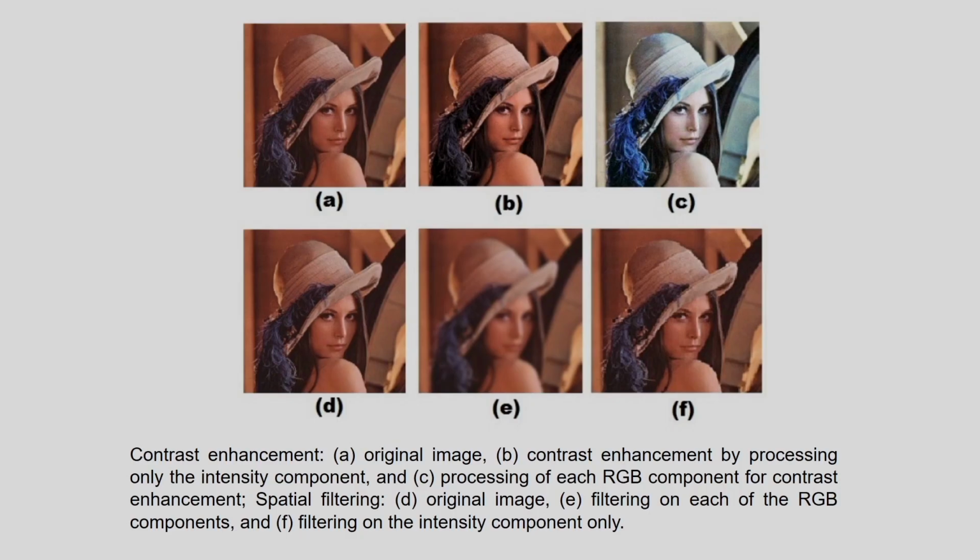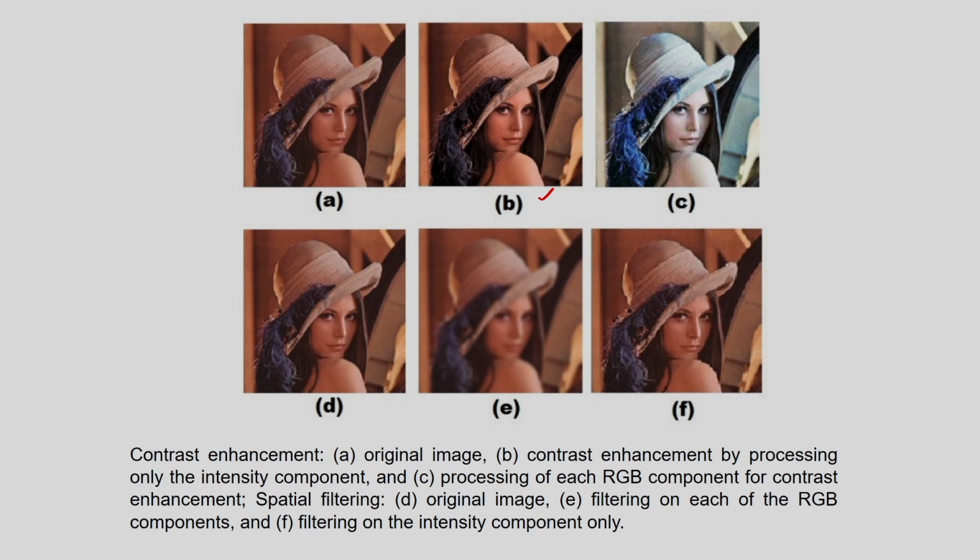In this case, I am showing the contrast enhancement. A is the original image, B is the contrast enhancement by processing only the intensity component. The third case is the processing of each RGB component for contrast enhancement.